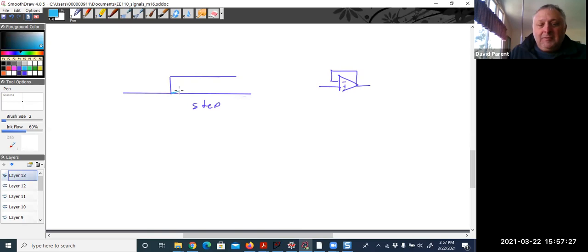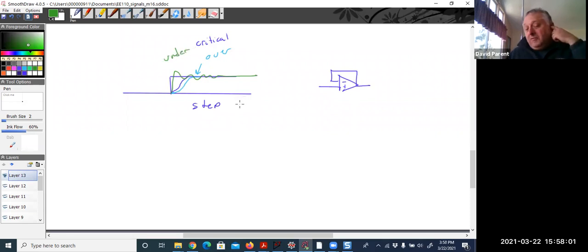Like if it's underdamped, it'll look like that. I mean, that's over, right? Under will go a little bit faster, but the curves are actually hard to tell. So in fact, you can put in a step, right?